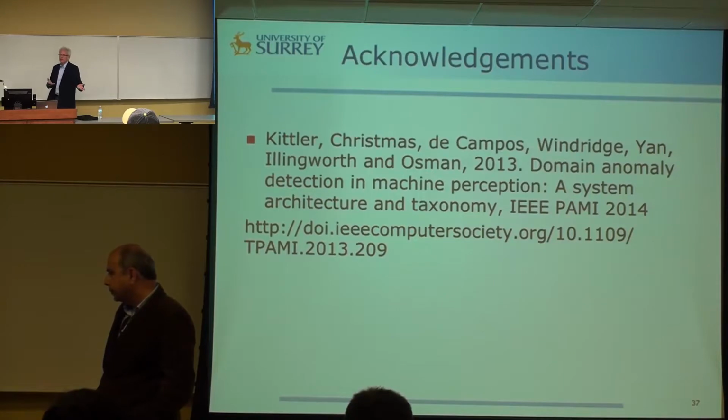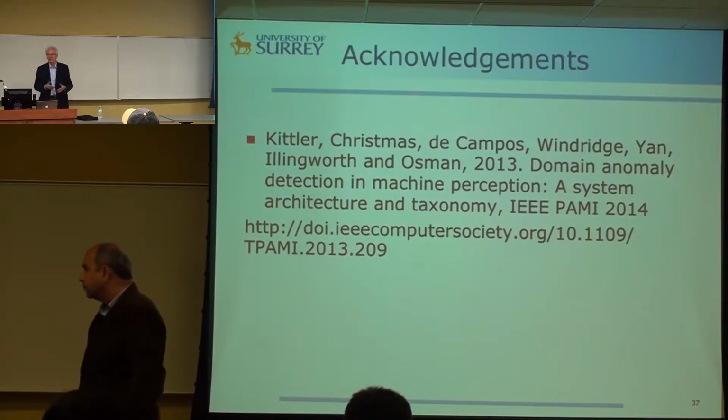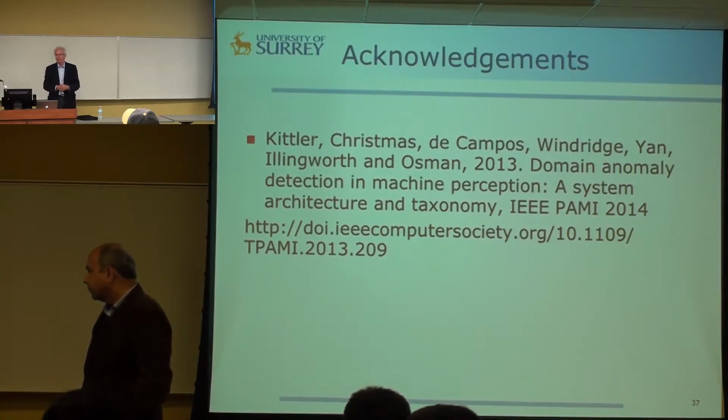But that's coming back to the notion of outlier detection. So that's just a variation on the classical thing, but in more complex systems where you have multiple modalities and multiple levels of interpretation, you can do more than that.